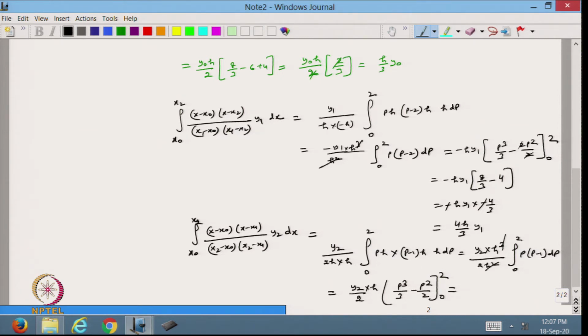So, it will be 8 by 3 minus 4 by 2, h y2 by 2. And from here it will be 2 by 3. So, that will be h y2 by 3. So, that is the value we are going to get.